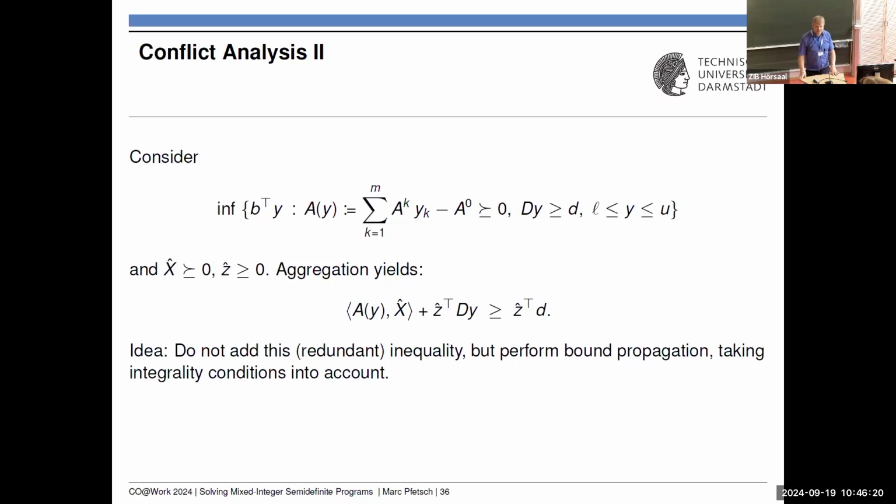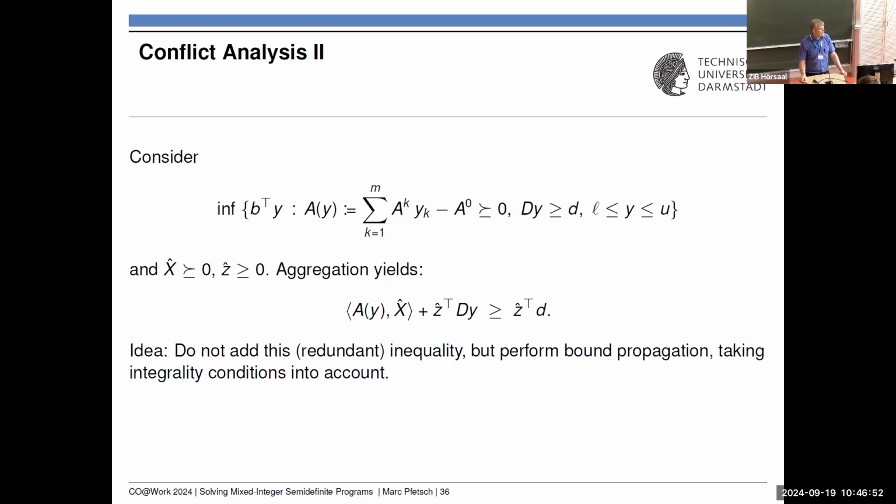So first, as you've seen in the proof of the weak duality, we can take the inner product of X hat with this matrix A(y), defined up there: the linear combination of the matrices A_k and minus A_0. As I told you, if y is feasible, then this A(y) must be positive semidefinite. X hat is positive semidefinite, so their inner product is greater or equal 0.